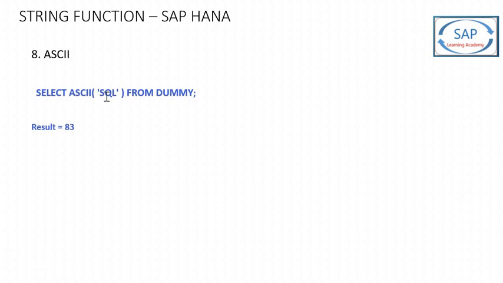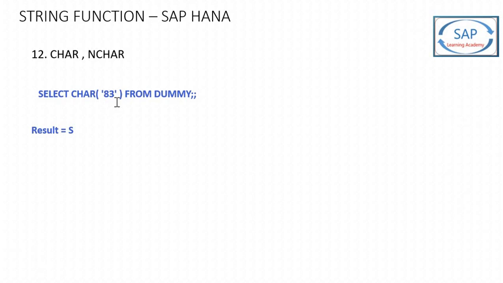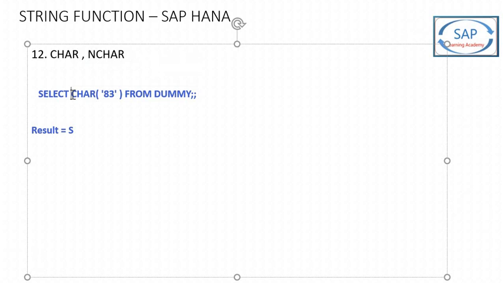And now CHAR and NCHAR, which are just the opposite of ASCII. ASCII transforms a character into an integer, and here it will convert from integer to character. For 83 the char value is S, and NCHAR is also kind of similar.